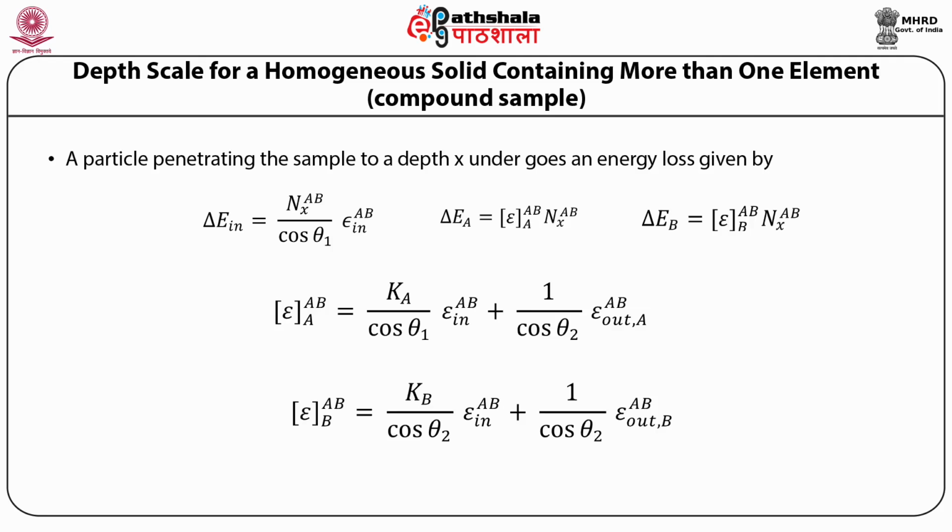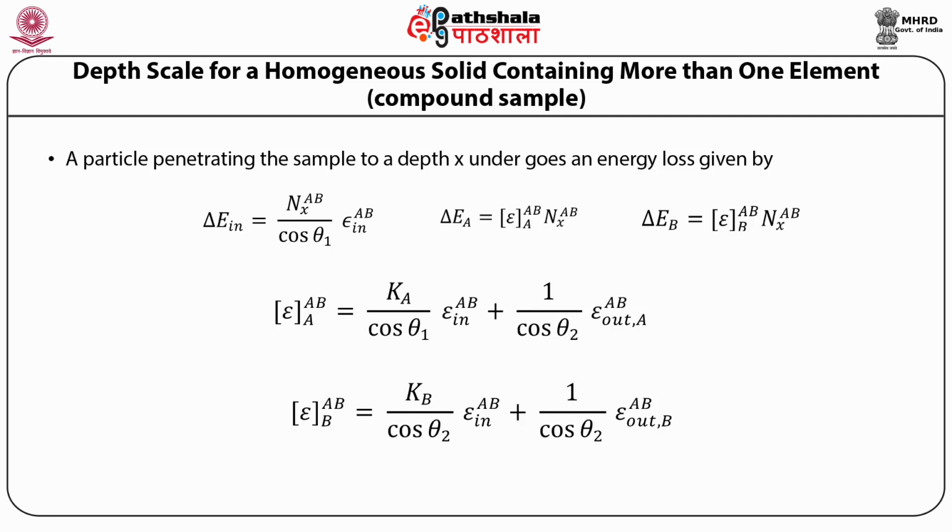We have delta E_A equal to epsilon_A superscript AB multiplied by N x superscript AB, where epsilon_A superscript AB is equal to K_A divided by cos theta 1 times epsilon in superscript AB plus 1 divided by cos theta 2 times epsilon out subscript A superscript AB.